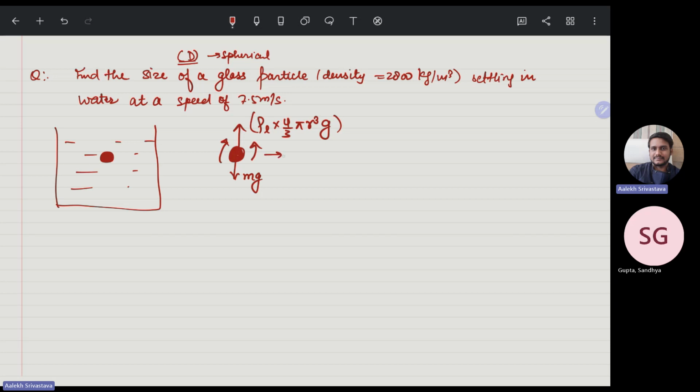The drag force Fd is equal to 6 pi eta, or I should say 6 pi mu rv. Here v is the terminal velocity, mu is the dynamic viscosity, and r is the radius of the ball.